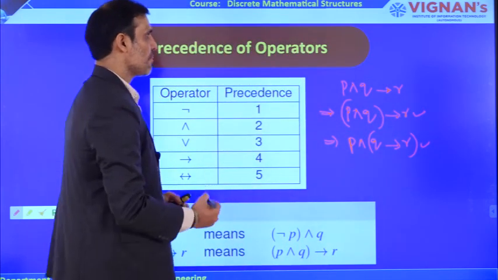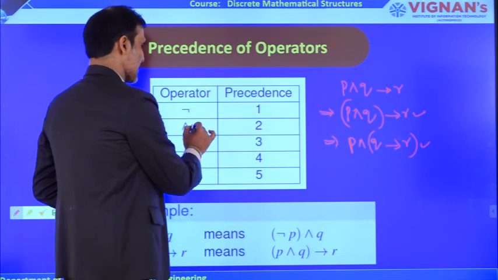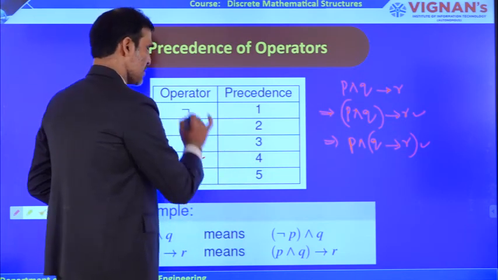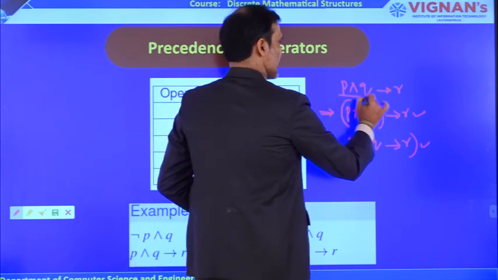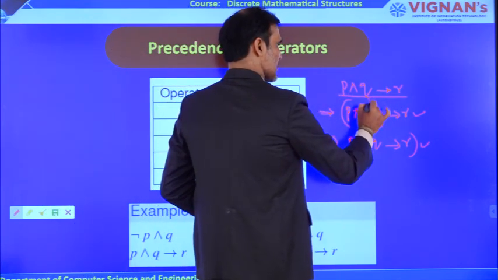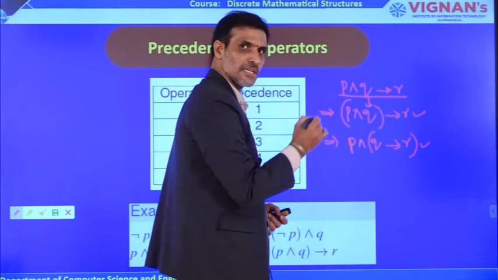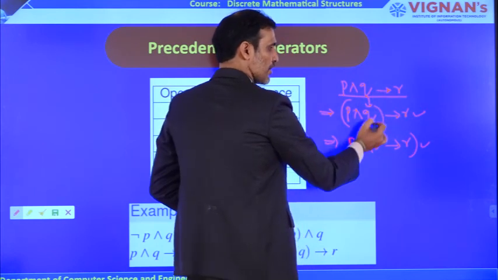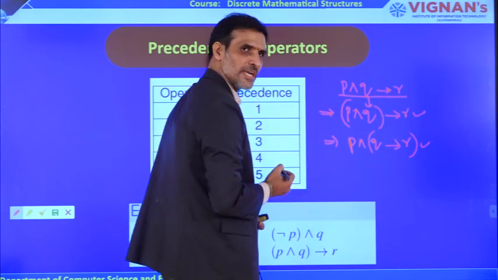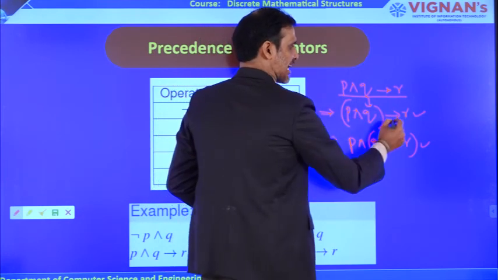But once you know the precedence of these operators, first we will go with what? Conjunction, and then we will go with what? Implication. So coming to this sentence, I go with conjunction first, so I am taking the parentheses of P and Q because conjunction will be applied first, and then for whatever result we get for this compound sentence, I am going to apply the logical connective of what?